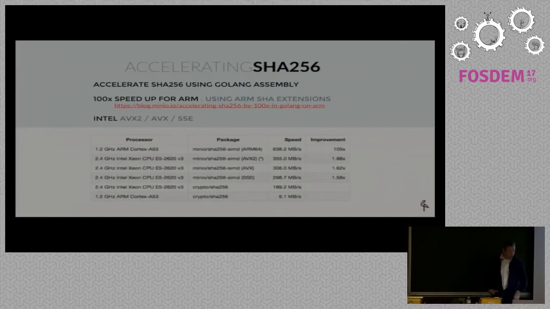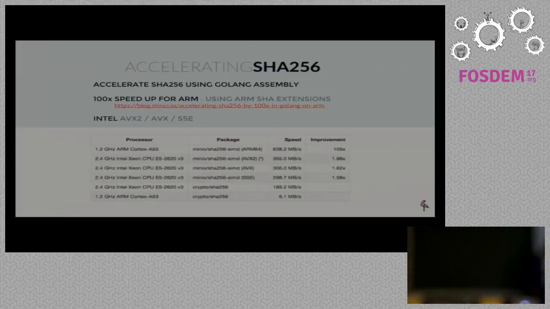But actually, in the table here at the bottom, you can sort of see the speeds that we have. And interestingly, the ARM just running at 1.2 gigahertz is actually the quickest one out there. So it does about 640 megabytes per second, and then we ran some tests on an Intel Xeon at 2.4 gigahertz.